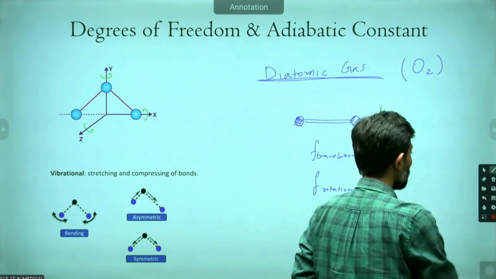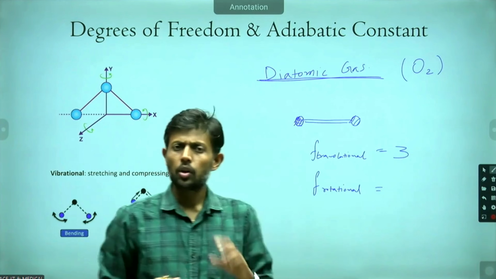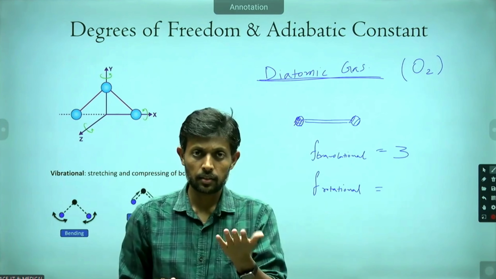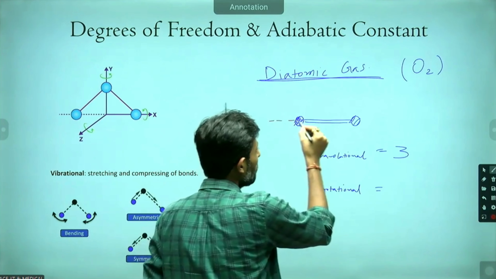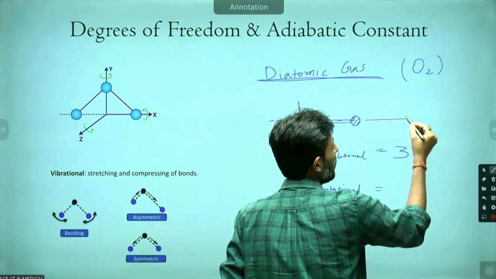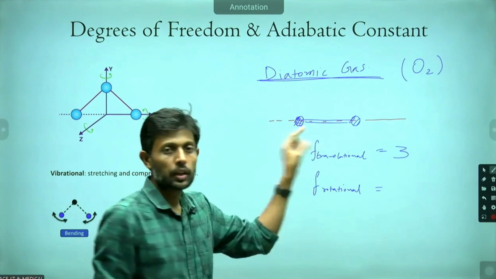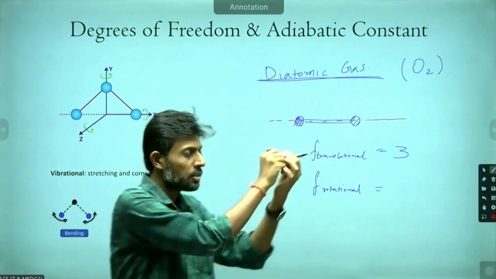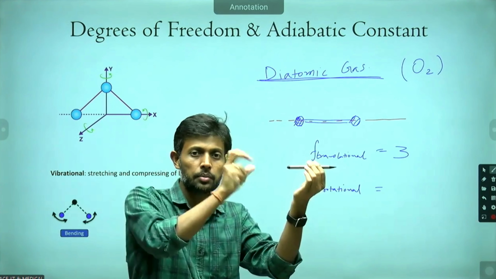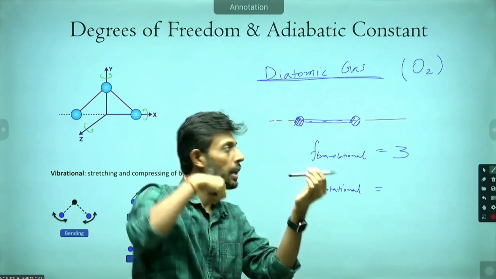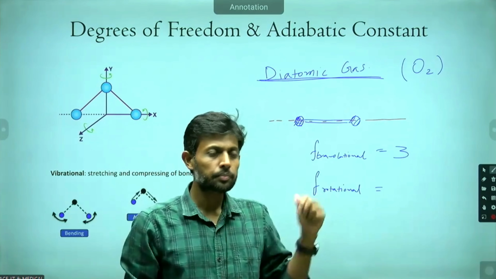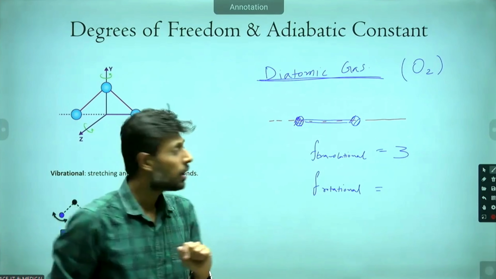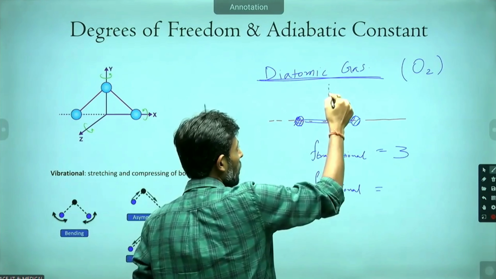When we talk about rotation, we would talk about rotation about some axis, right? So let's take those axes. One would be the x-axis. If the molecule is rotating about this axis, the atoms are going like this, about this line. That can be one way in which it can rotate. What can be the other way? The other way can be about this axis.